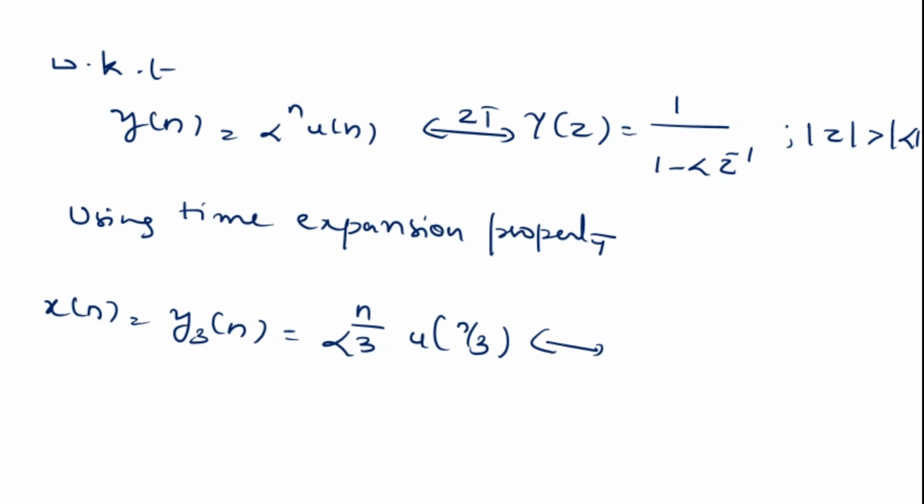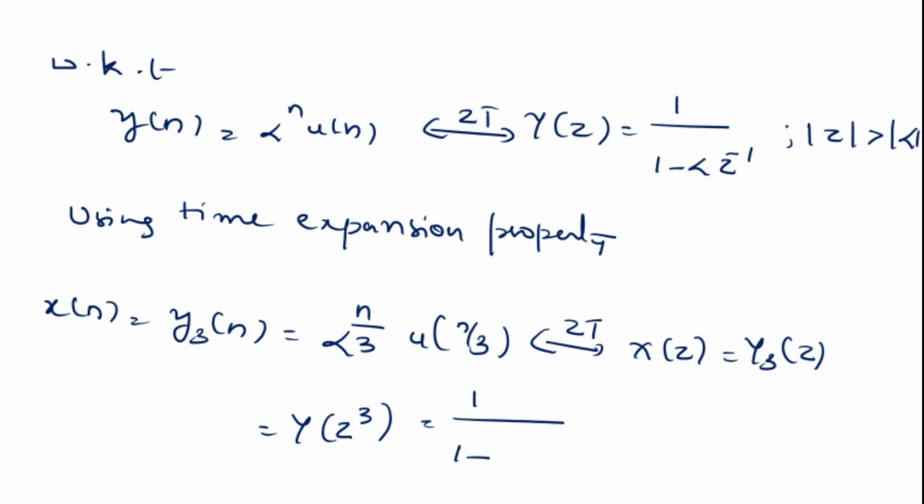If we take z transform, we get x of z, which is equal to y3 of z, which is equal to y of z cube, equal to 1 divided by 1 minus alpha z cube minus 1, which is equal to 1 divided by 1 minus alpha z cube, with mod z is less than mod alpha to the power 1 by 3.